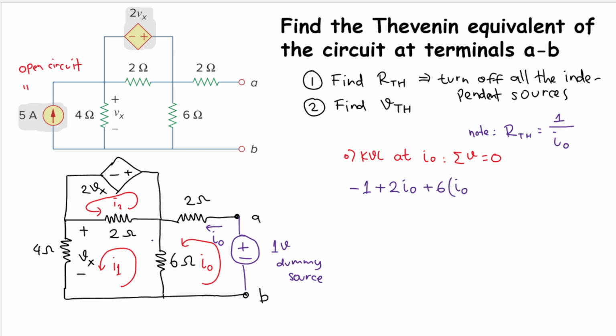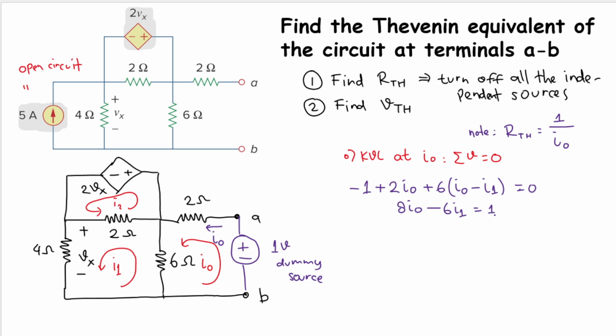But here I1 is flowing in the opposite direction, so I subtract I1. All of that will equal 0. We can simplify this, so we get 8I0 minus 6I1 equals 1, right?